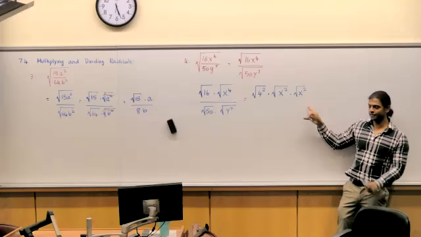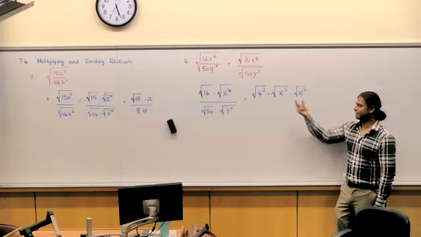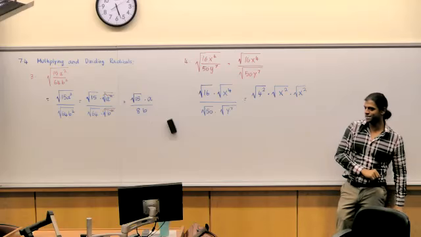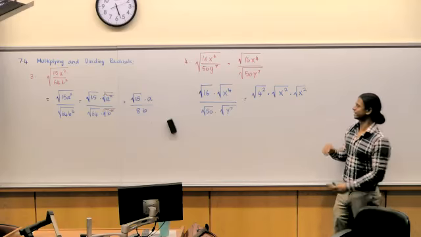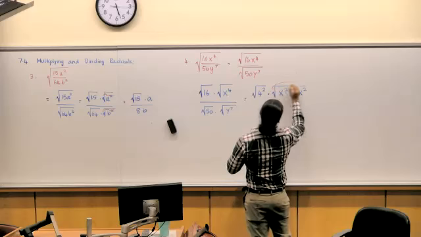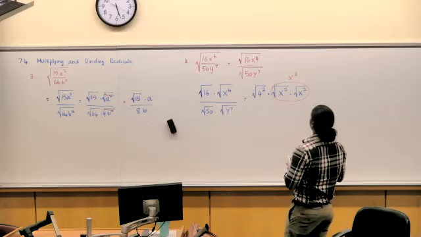Let's see if you paid attention to what I just mentioned earlier. What is square root of x squared times square root of x squared? X squared, right? We know that from earlier. So that entire thing will become x squared.